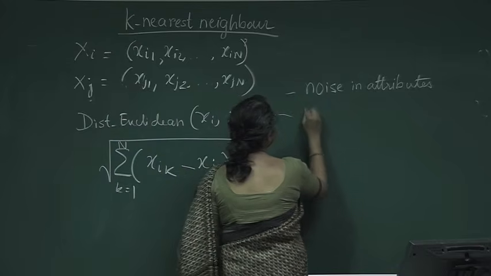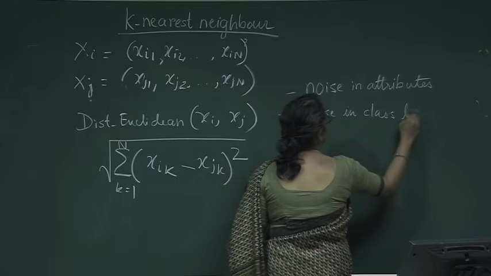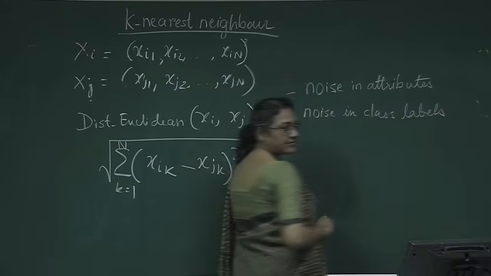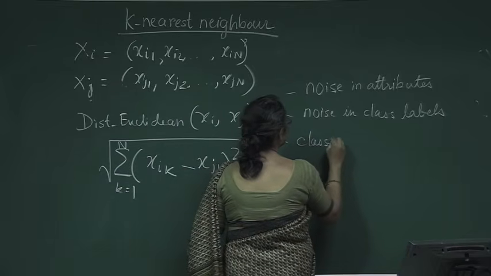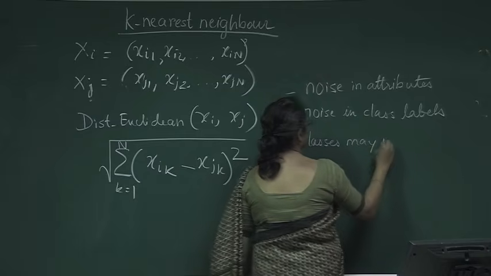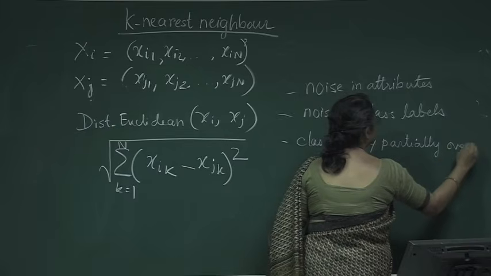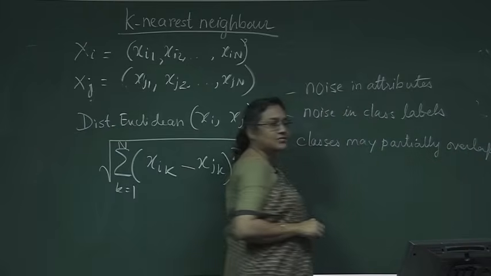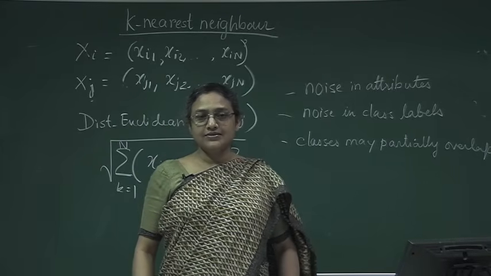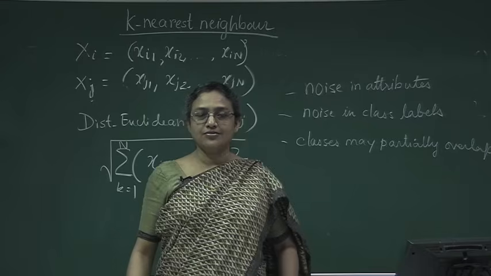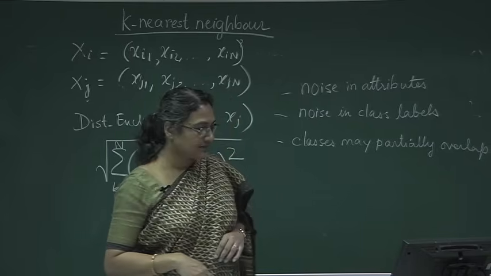Then there can be noise in class labels. And thirdly, classes may be overlapping. Under such circumstances, there is a case for using k larger than 1, and we will see that when we use a larger value of k, we get a smoother classifier.